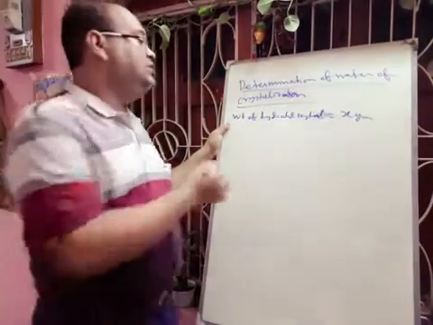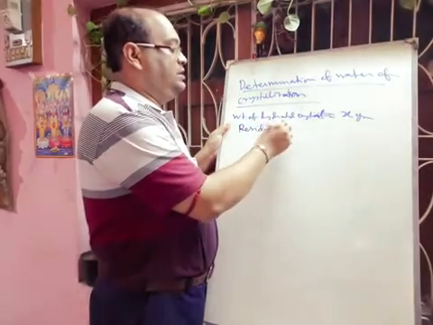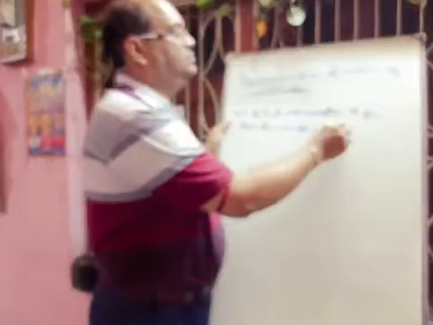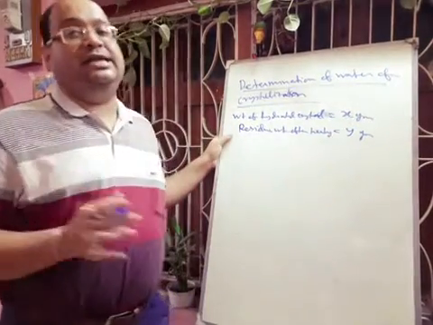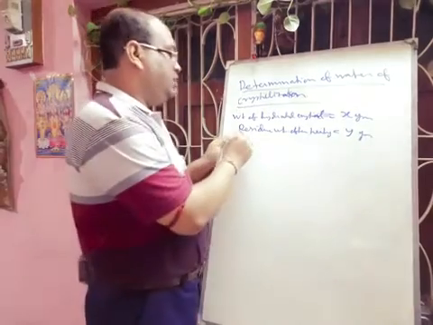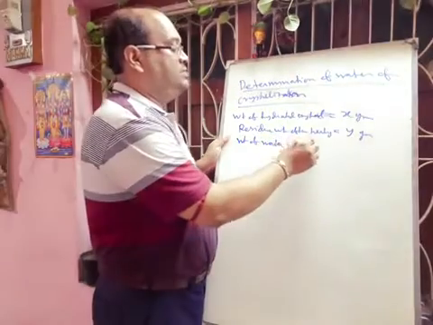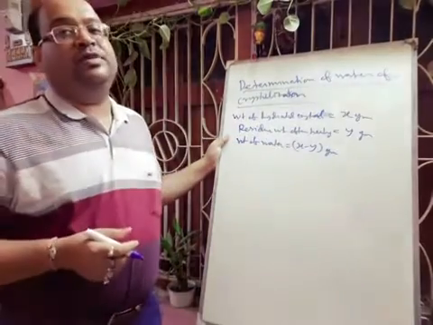So the residue weight after heating will be Y gram, and this residue will be completely anhydrous. So then the weight of water will be X minus Y gram. Hope you can understand what I am telling.